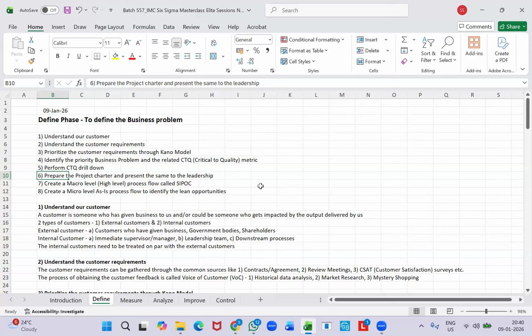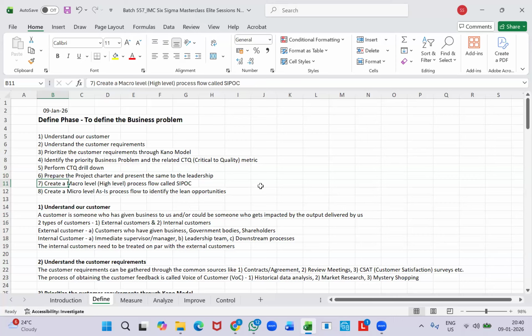When people spend time, it could be additional time apart from the routine work, or there could be a special team formed for executing the project exercise. So obviously there has to be some kind of time sponsorship approved by the leadership team. And for that, the project team will present this project charter document and obtain that approval.